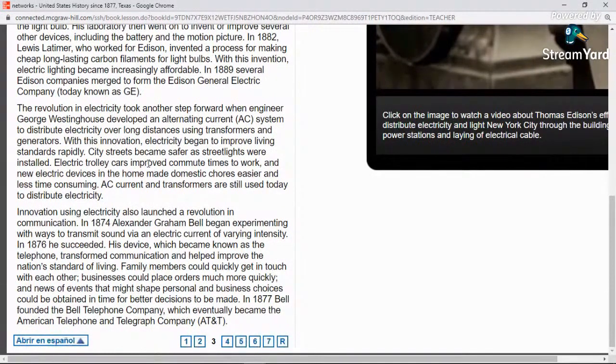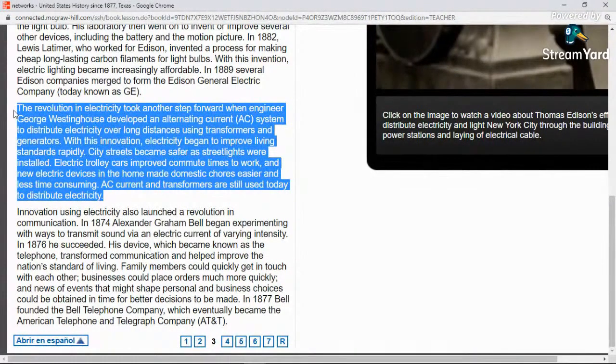So now electricity began to improve living standards because now we had lights on the streets, electric trolley cars that could take people to work much faster, and AC currents are still used today. Okay, so if you want to take some notes, maybe take a few notes based on that right there.